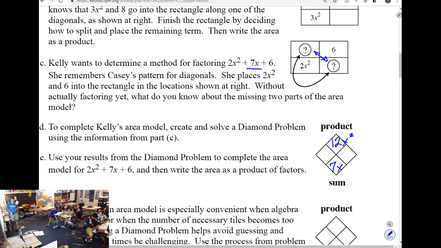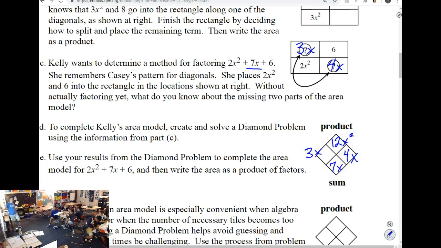Because if all I know are those pieces, 3x and 4x, then I can figure out that 3x and 4x have to be the coefficients of my parts. So how do you get 12x squared? You multiply 6 times 2x squared.